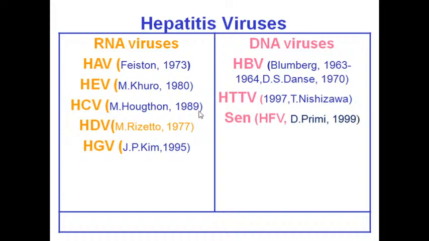Hepatitis C virus from 1989, Houghton. Hepatitis D virus found by Rizzetto in 1977, and hepatitis G virus found by Kim in 1995. This is the last one really, except for those not very well known now.